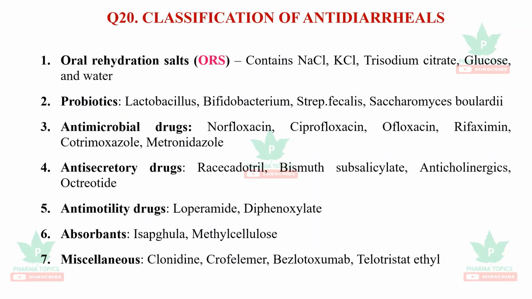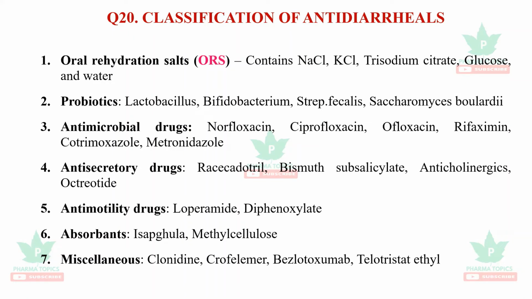Question number 20, they may ask classification of antidiarrheals. There are about 7 antidiarrheal classifications. The first and most important is oral rehydration salts, which contain sodium chloride, potassium chloride, trisodium citrate, glucose and water. Probiotics, which are bacteria such as Lactobacillus, Bifidobacterium, Streptococcus faecalis, and Saccharomyces boulardii.